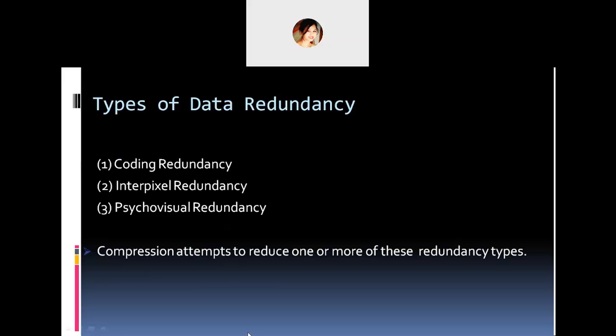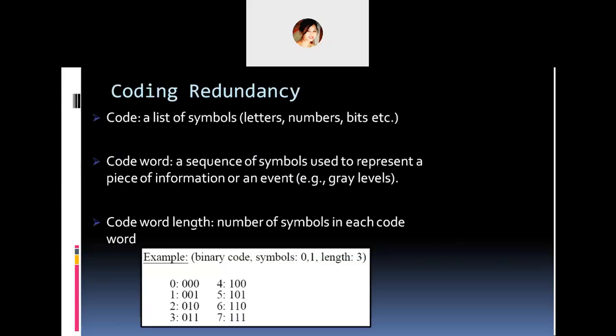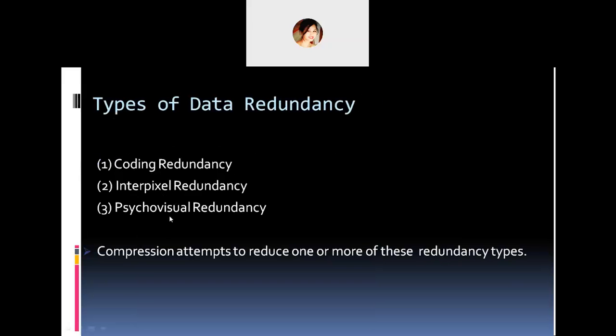The main goal of image compression is to reduce one or more of these redundancy types, which are present in an image. Compression is successful only when it is able to reduce one or more of them.